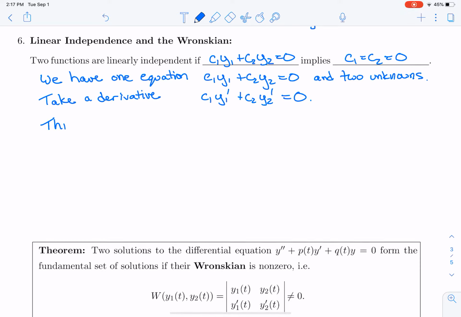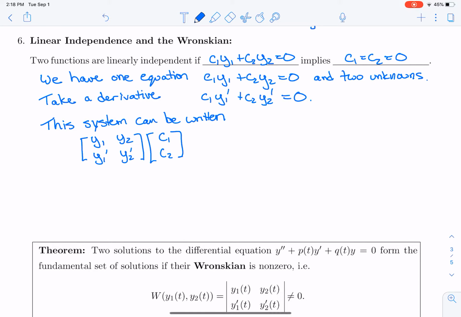So we're going to write this system as a system of equations. And that system is the matrix y1, y2, y1 prime, y2 prime, times the vector c1, c2 is equal to 0.